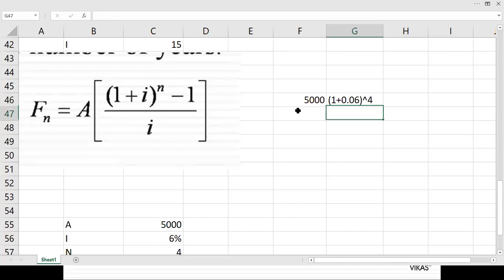So this is simply the compound value factor, CVF, (1 plus i)^n. Then you have to deduct 1, minus 1, and you divide by the rate of interest, that is 0.06.